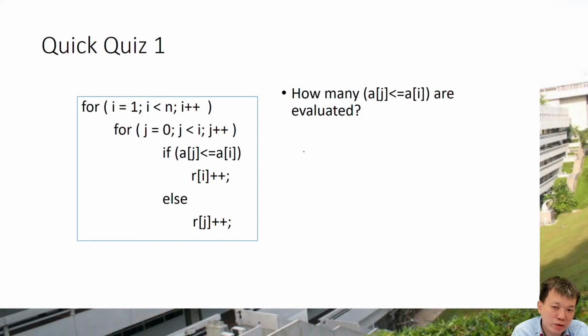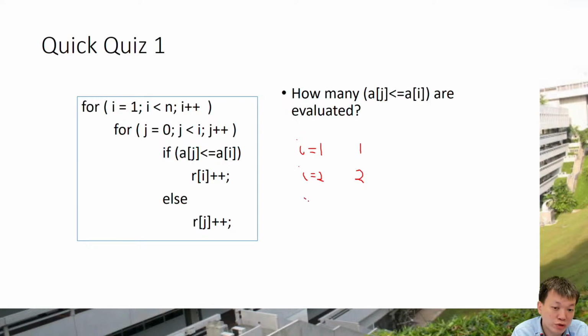So when i equals 1, I need to run one iteration internally. When i equals 2, I need to run 0 and 1. So I need to run 2 iterations.